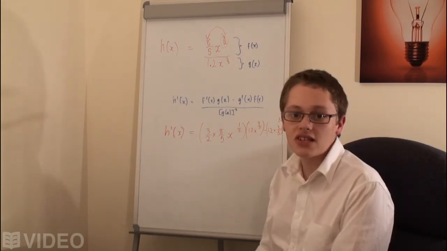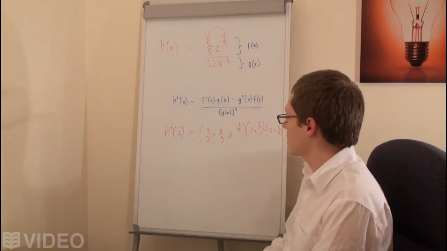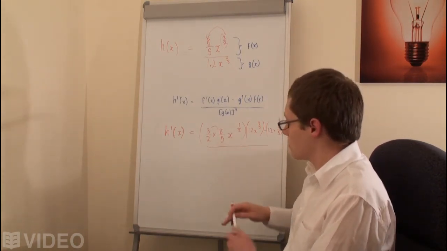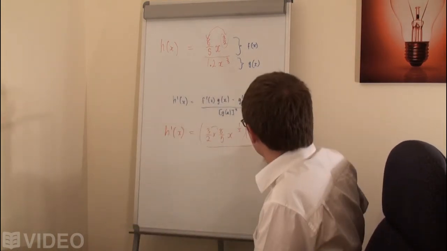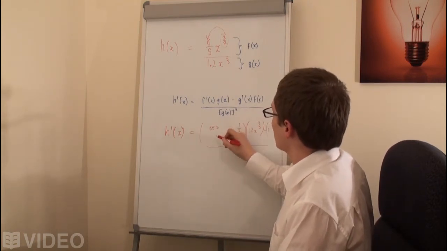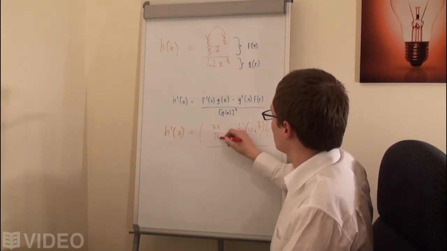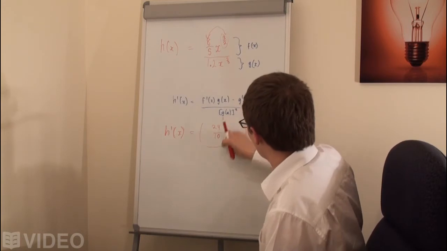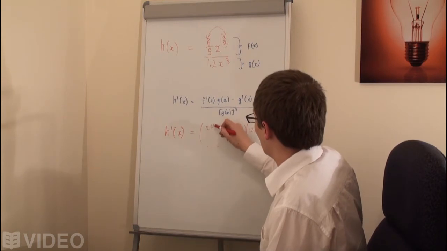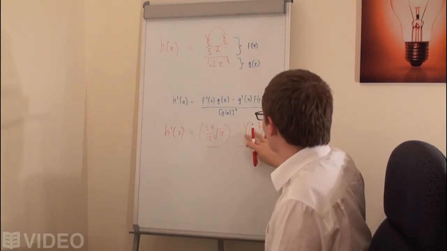I won't simplify this as such today, but feel free to do so on your calculator or use decimal approximation. We'll actually do a little bit here though, just to make it simpler. In order to do so, I'll rub it out as I go along. We have 8 times 3 making 24, and 5 times 2 making 10, so we get 24 on 10 square root of x, because x to the power of a half is square root x, which you should know from algebra.